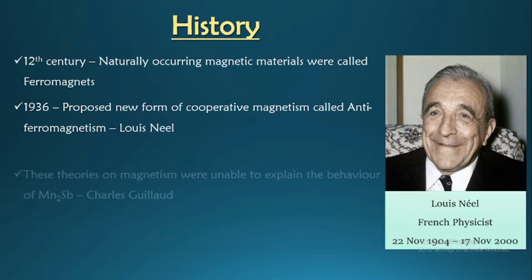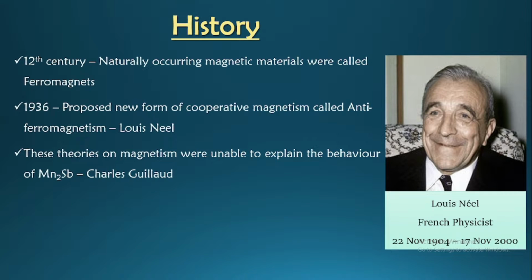But later, while working with Mn2Sb, another French physicist named Charles Guillaud discovered that the current theories of ferromagnetism as well as antiferromagnetism were not able to explain the behavior of this material. To explain it, he proposed another model, which was called the Guillaud model.